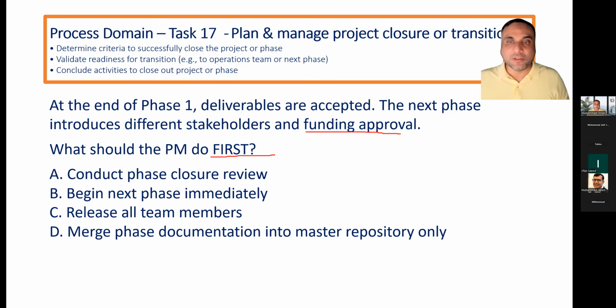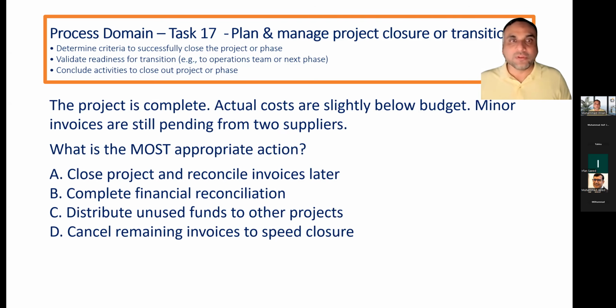The only reasonable answer here is conduct phase closure review. Very good. You cannot do this. And there is no point of doing this. Very good. Next. The project is complete.